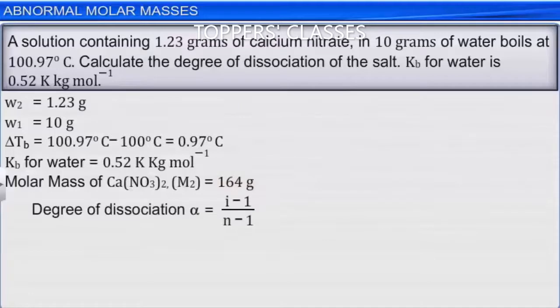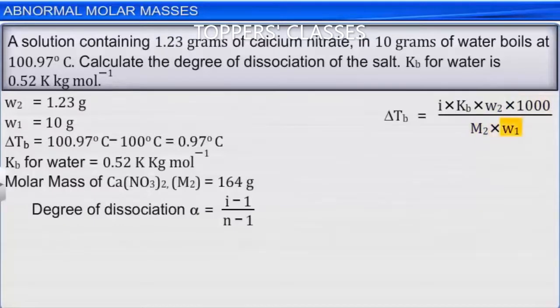For finding the degree of dissociation of the salt, we first need to calculate Van 't Hoff's factor, i. Substitute these values in the modified equation for elevation in boiling point. Elevation of boiling point, delta Tb, is equal to i multiplied by Kb multiplied by W2 multiplied by 1000 divided by M2 multiplied by W1.